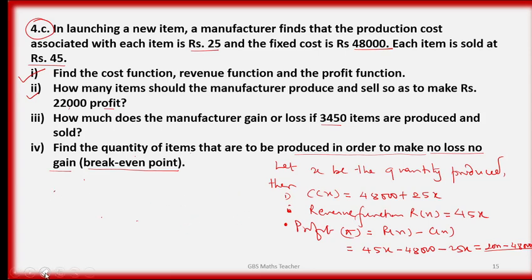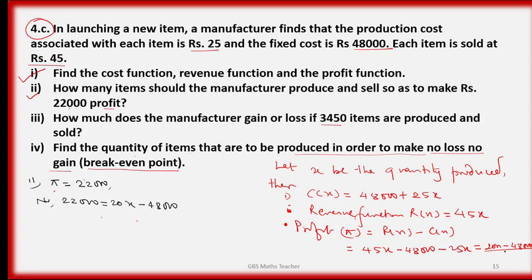How many items should the manufacturer produce and sell to make the profit? The profit is given here, 22,000. Now pi equals this, 22,000 equals 20x minus 48,000.